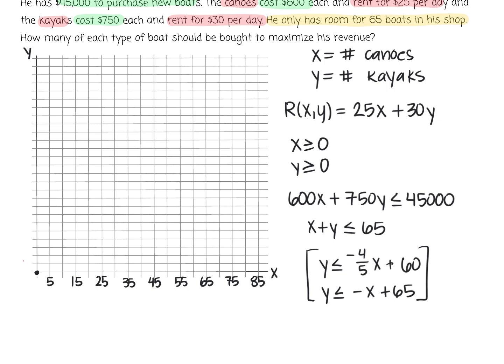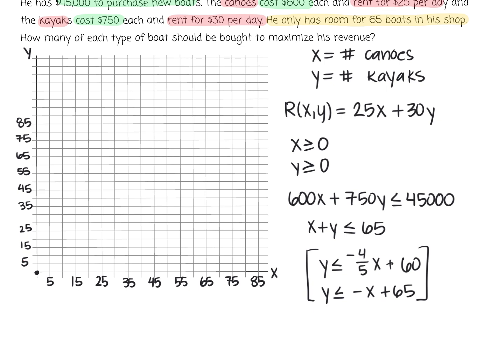So I'm going to start at 5, and then I'm going to skip. So 5, 15, 25, 35, 45, 55, 65, 75, 85. I'm going to go ahead and stop there. I don't need to keep going, because if I look, my y-intercepts are both 60 and 65.